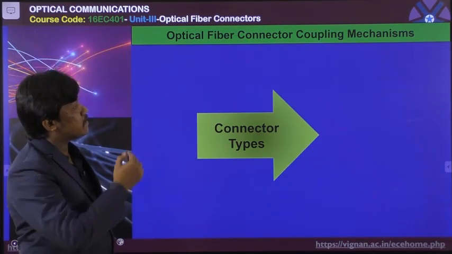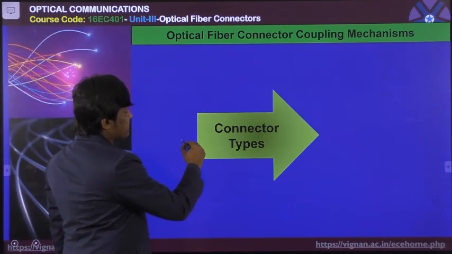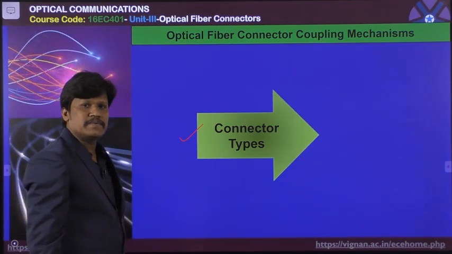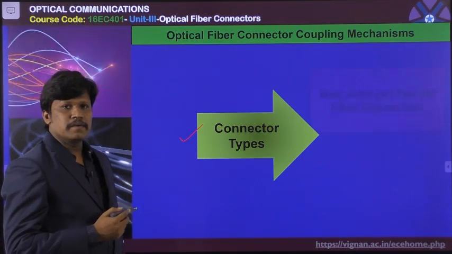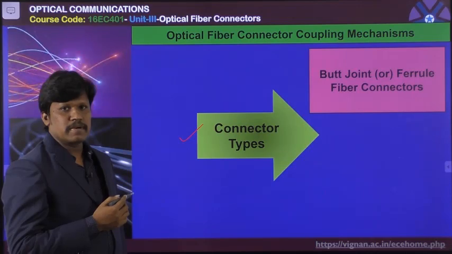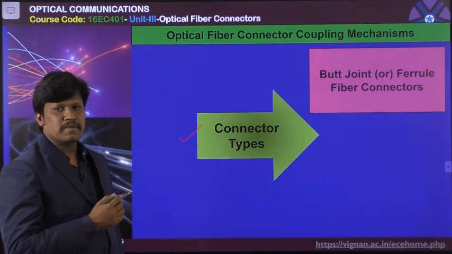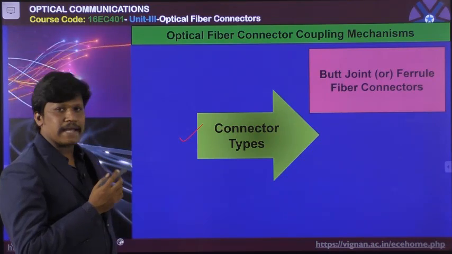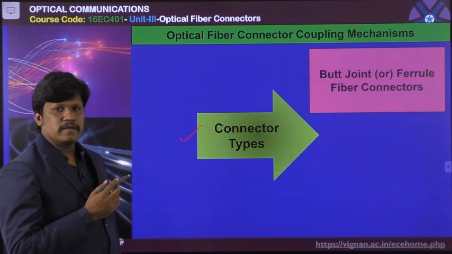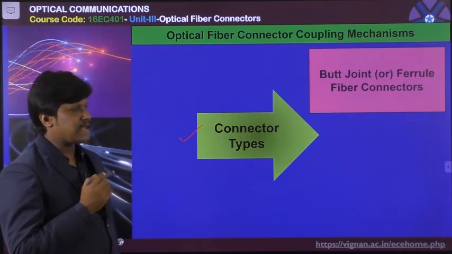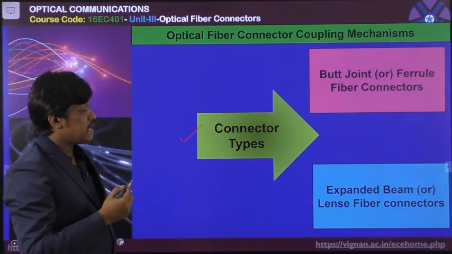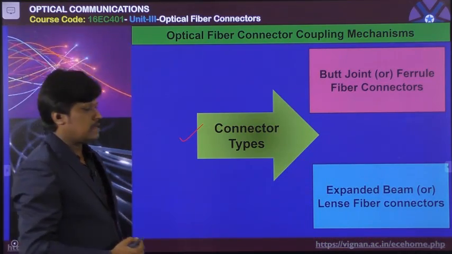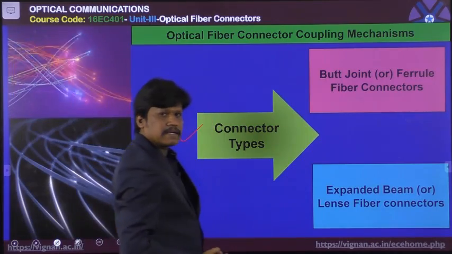Fiber optic connector coupling mechanisms. Connector coupling mechanisms are two types. First one is butt joint connection mechanism or ferrule fiber connectors mechanism. And second one is expanded beam or lens fiber connectors.